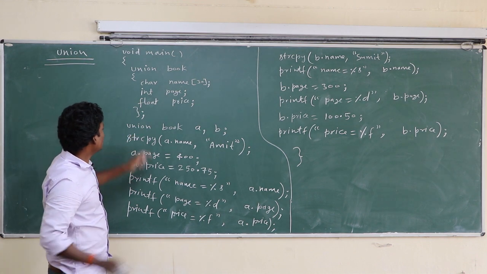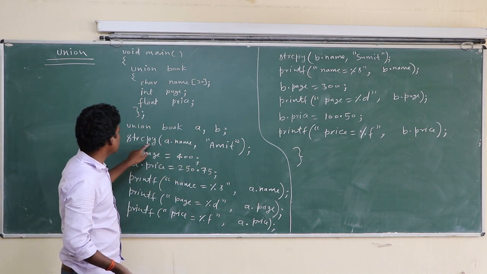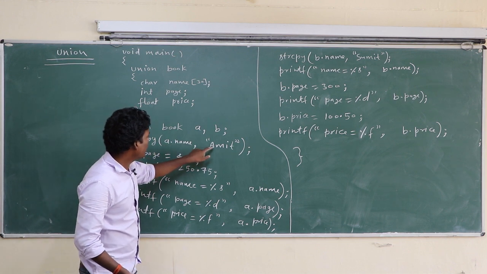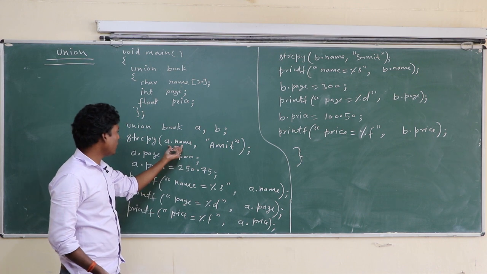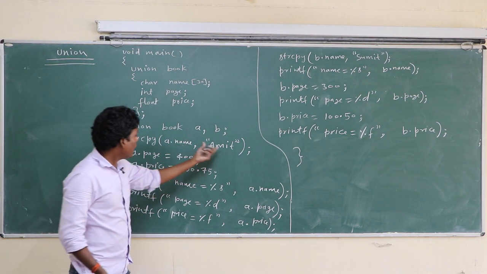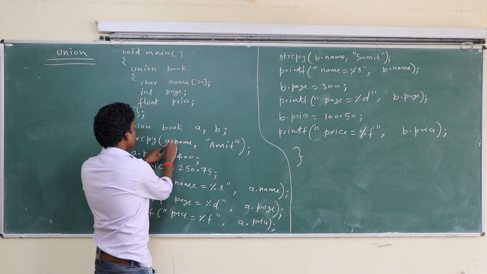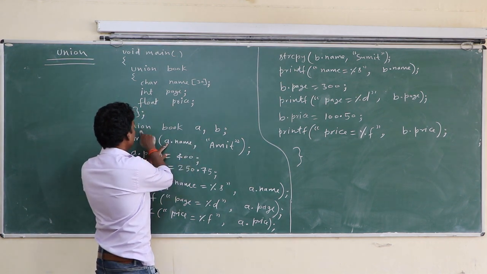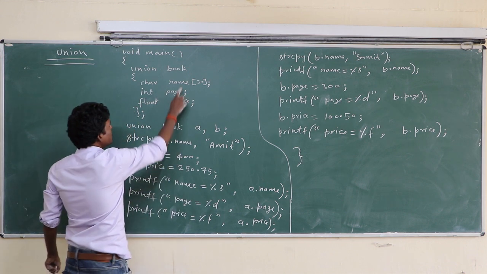Class, this is the data type, this is the variable A and B. strcpy a dot name, and this is the string. Amit is copied in a dot name. A is a variable of this union, and a dot name is basically this.